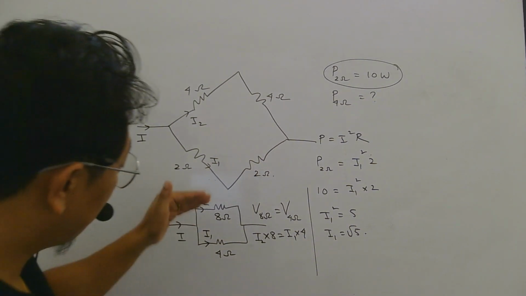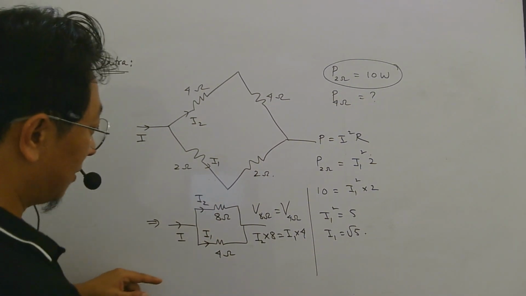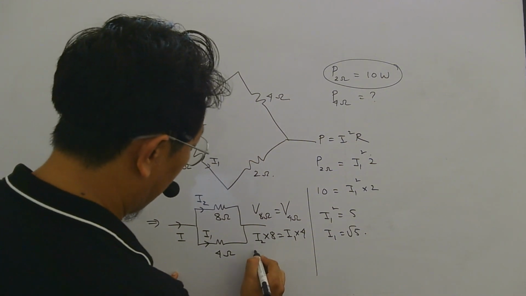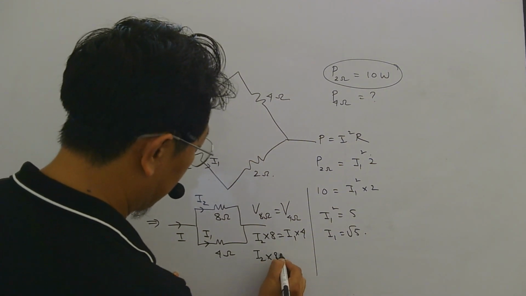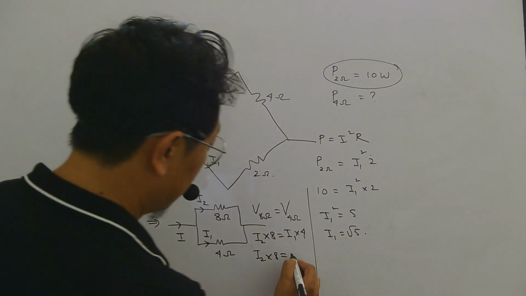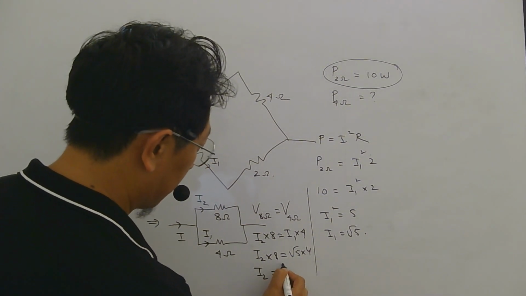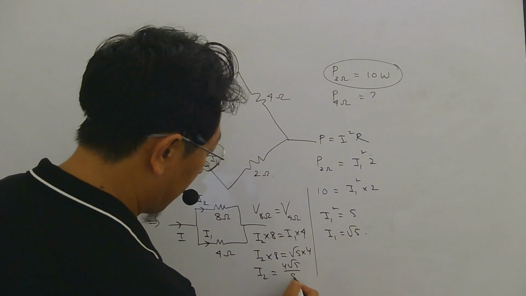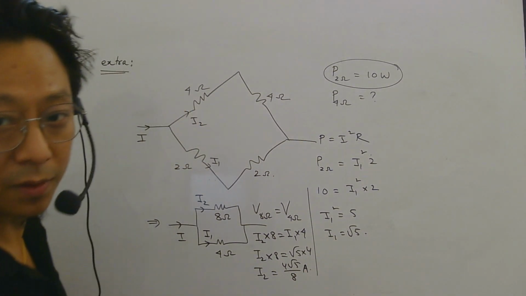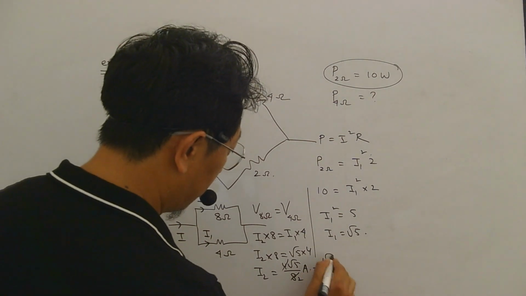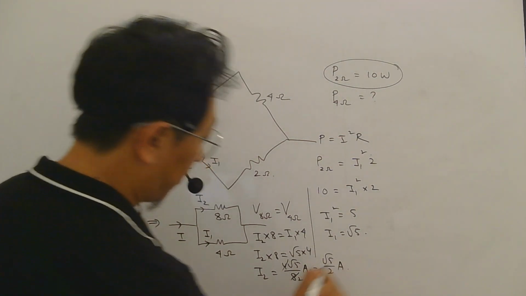That is what happens in parallel, right? Voltage should be same, and voltage is I into R. So I2 into 8 will be I1, which is root 5, into 4. So what will be I2? 4 root 5 by 8 amperes. And 4 2s are 8, so this will be root 5 by 2 amperes.